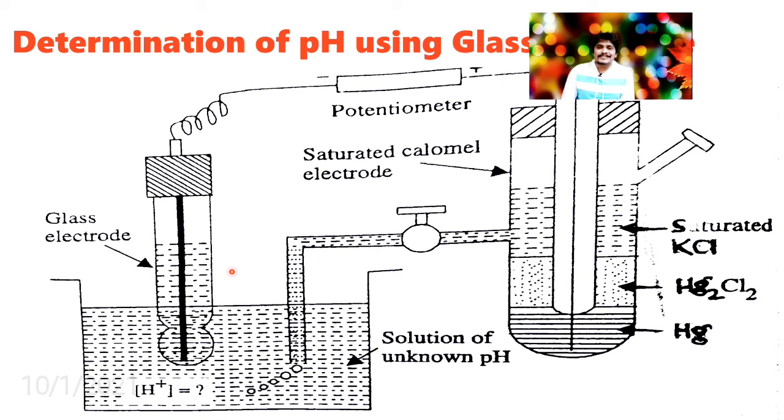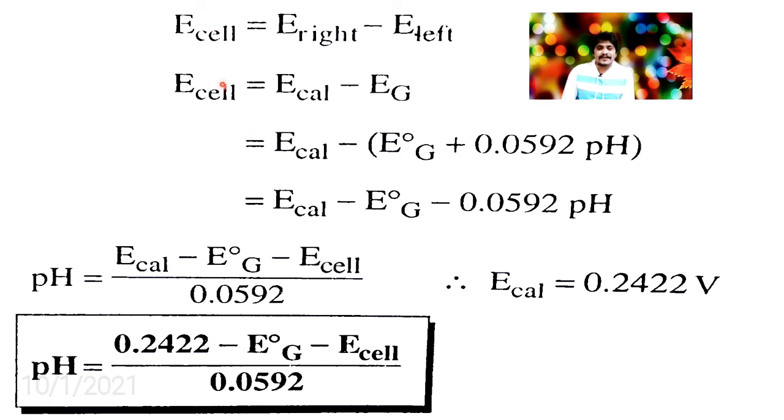Due to the spontaneous redox reaction between these two, some amount of EMF is generated. With the help of the EMF value recorded in the recorder of the potentiometer, we can get information about the pH of the solution, making use of this particular formula for calculating the EMF of the cell.